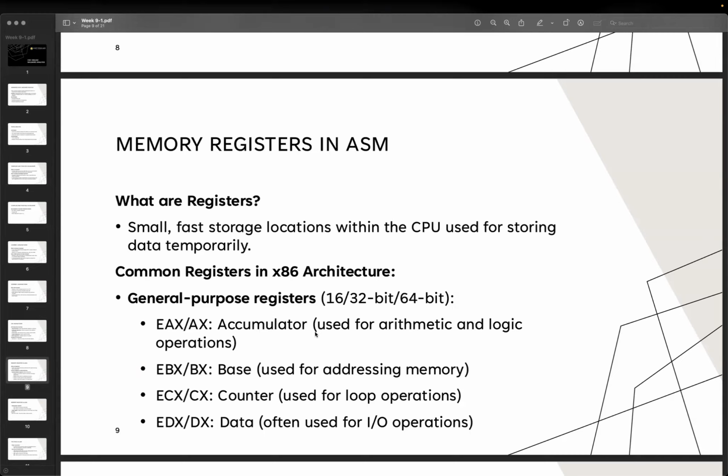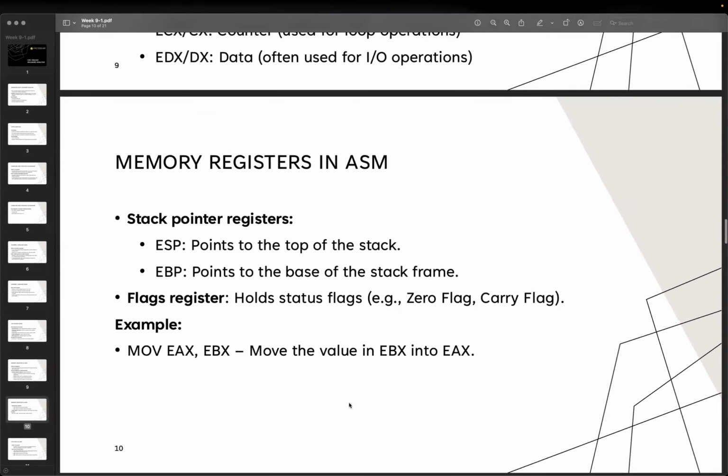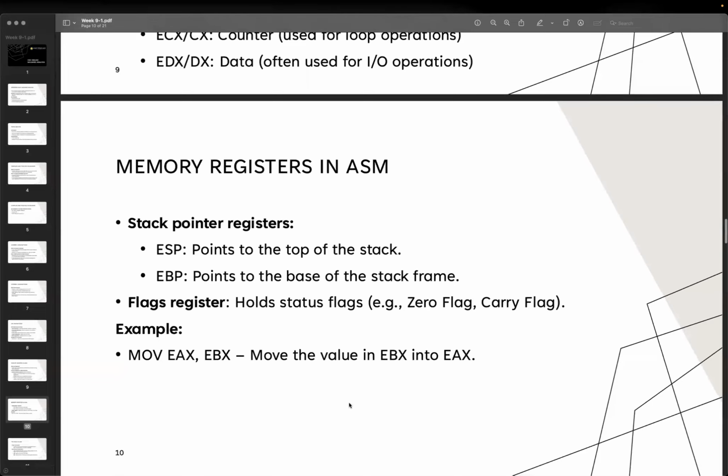Then we have the ECX, used as a counter; if this is some loop operation, you will see the ECX. And also EDX, which handles data, mainly used for IO operations. And of course, we have the stack pointer registers like ESP and EBP.